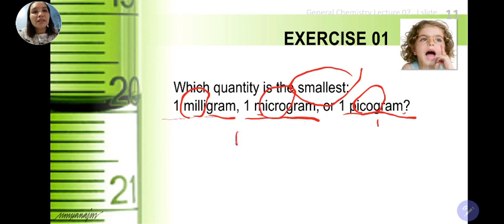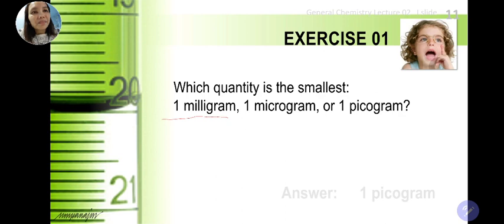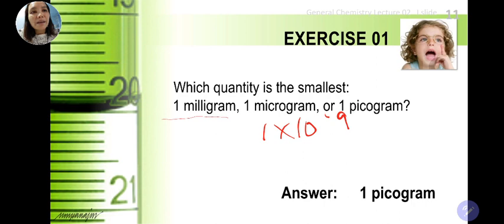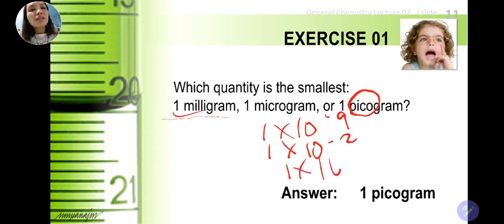Pico is 1 times 10 to the negative 9. Tama ba? Let's see. So, 1 times 10 to the negative 9 yung picogram since of the prefix pico. Micro is 1 times 10 to the negative 6, and milli is 1 times 10 to the negative 3.